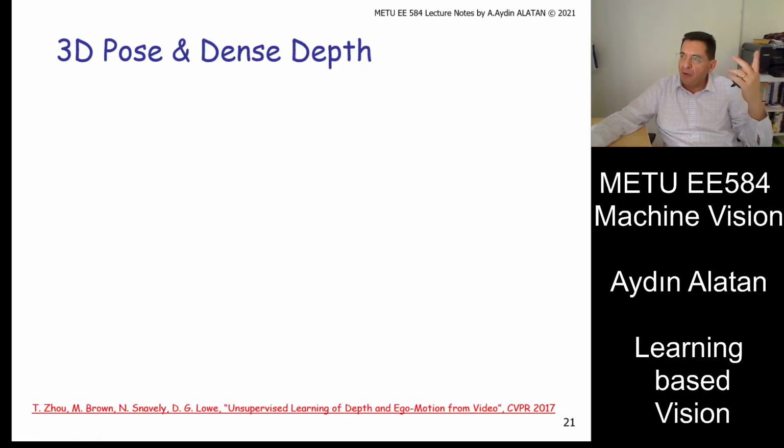Now, how about 3D pose and dense depth together? Let's think about not only single stereo pairs you are using, but how about estimating the pose of your autonomous vehicle plus the dense depth together? Now, there's an algorithm called SFM, shape from motion learner.